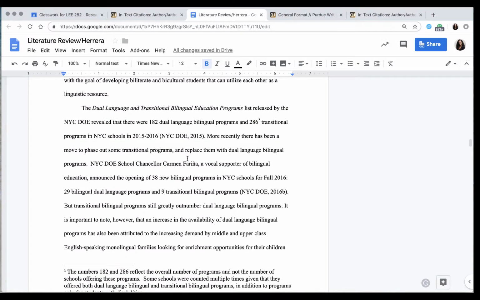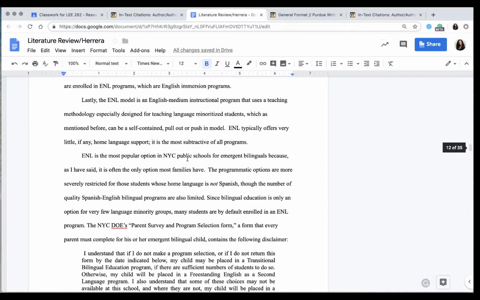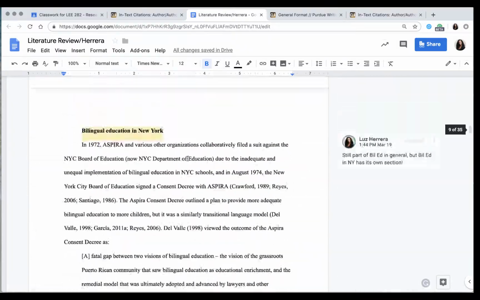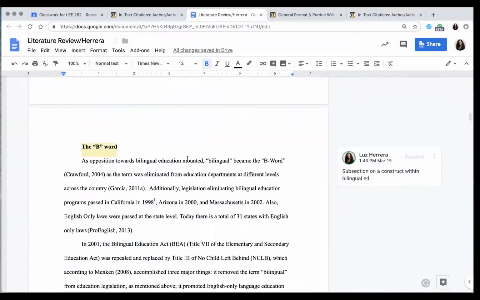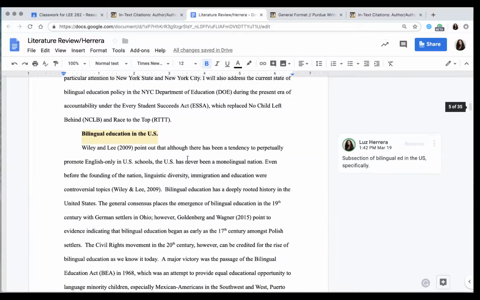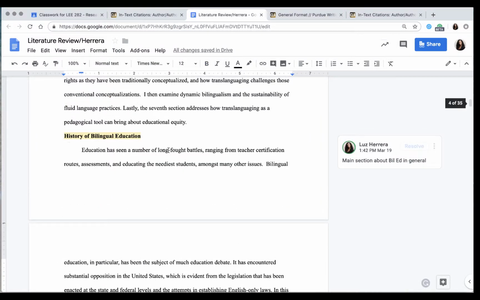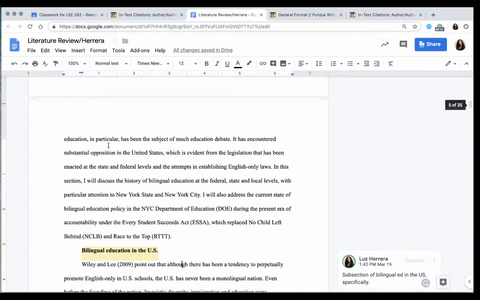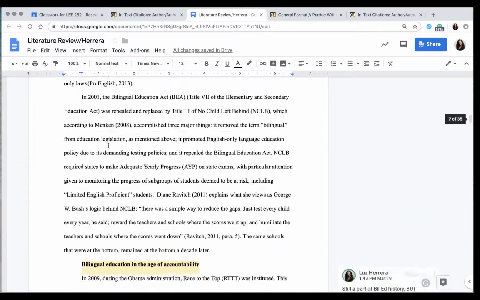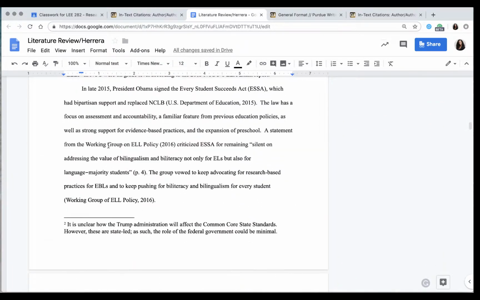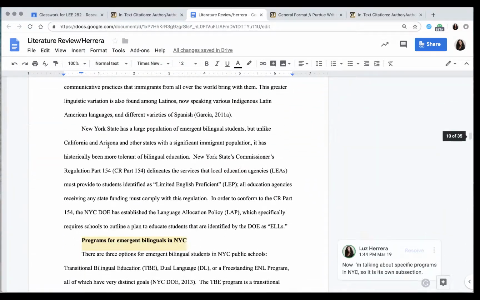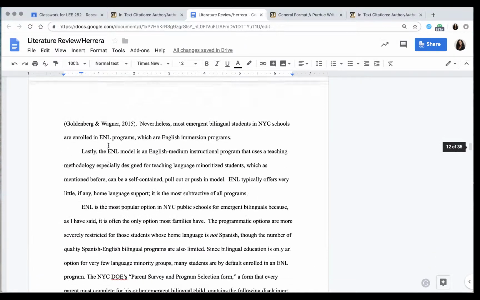And you don't have to do this so detailed like this, but I'm just giving you an idea. For your purpose, you really only need this larger subcategory. You don't have to do all of these smaller categories unless you feel like you really do need to separate them. Okay, so that's up to you.